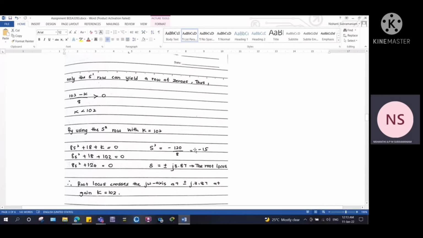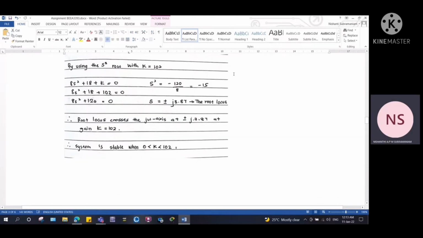Then we get the answer: s squared equals negative 120 over 8, which is negative 15. So s equals plus or minus j 3.87. So we get the axis crossing. This determines that the system is stable when 0 is smaller than K and K is smaller than 102. That means 102 is bigger than K and the gain is bigger than 0, and at that time the system is stable.